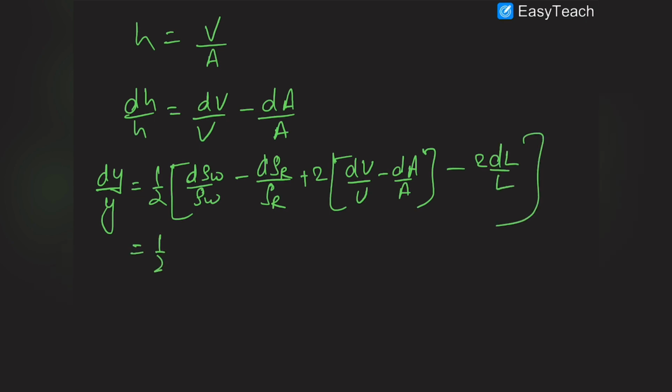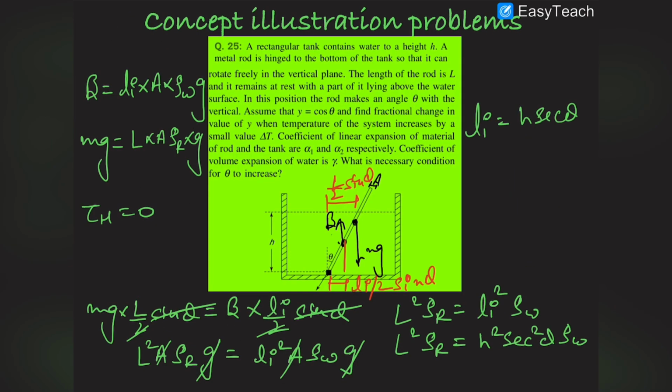So this is half. Now rho water, we know that the expansion coefficient of water is gamma.